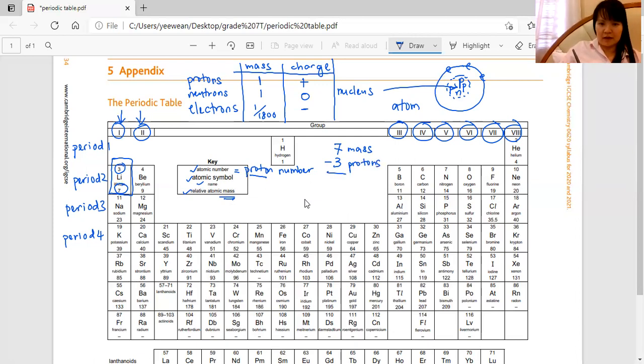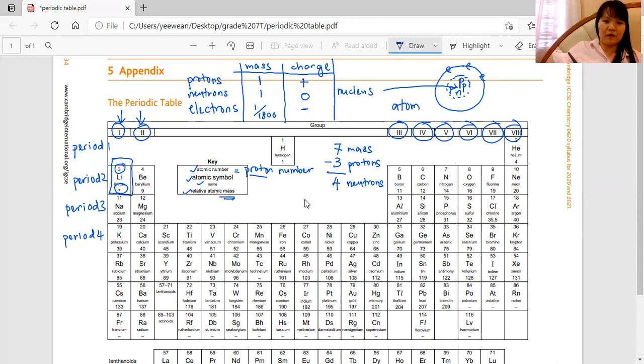So what is the rest of the mass? That 4 would be the neutrons, because electrons have very little mass, 1 over 1,800. It's almost nothing. So the rest of the mass must have come from the neutrons. So take the larger number at the bottom, minus the smaller number at the top, you will get the number of neutrons.